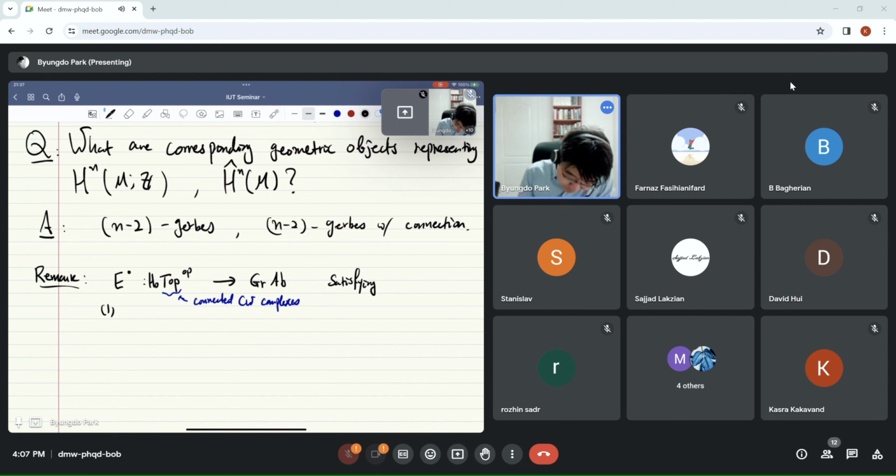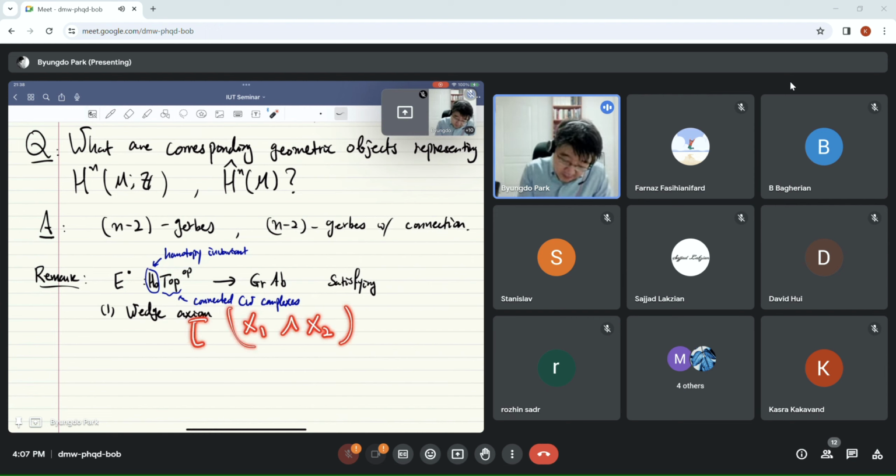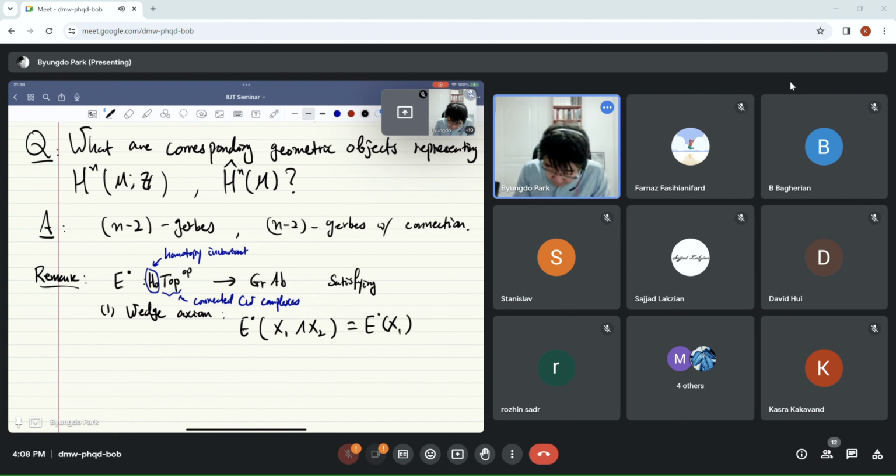And it satisfies the wedge axiom. So if you have a wedge product of spaces and you apply the functor, then it splits into a product or direct sum.